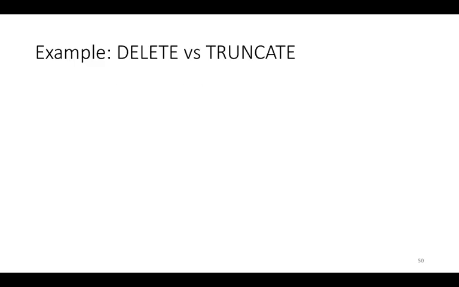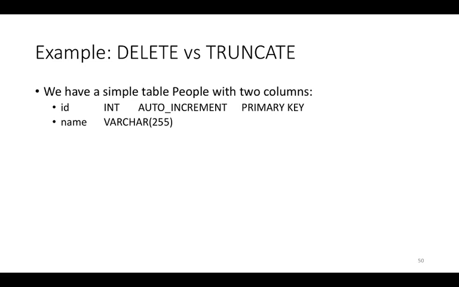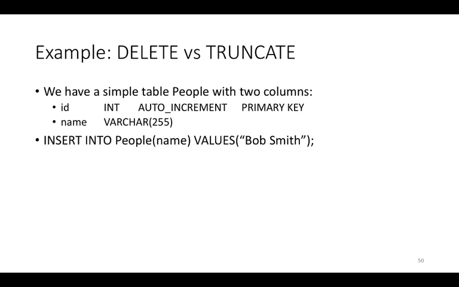We'll have a look at the two differences between them. So if we have a simple table called people, and we have two columns, we have an ID. ID is an integer number, it's the primary key, and it's automatically incrementing. So it's set that every time we insert a new person, they're automatically given a new number, and then we have the name as a character field.